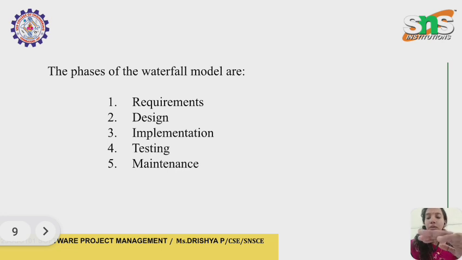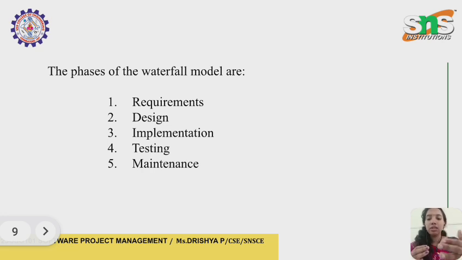Based on the requirement stage, we start to design. That is the design phase. After designing the product, we start the implementation phase and implement based on the requirements and design. After implementation, we have a product and we start testing how it works.